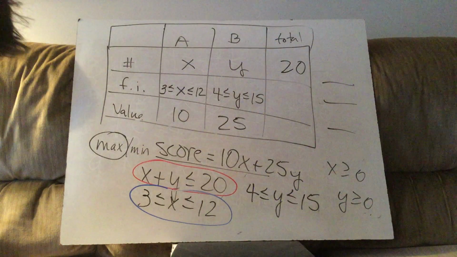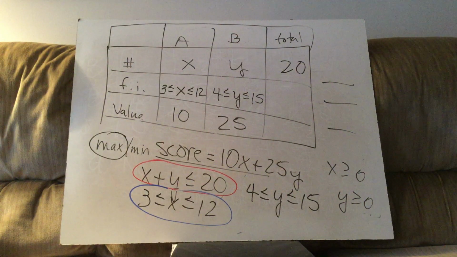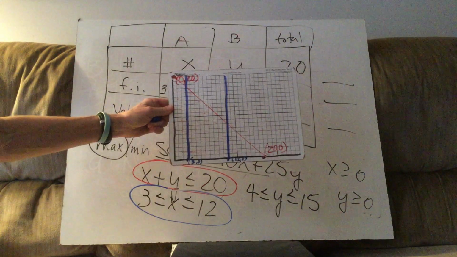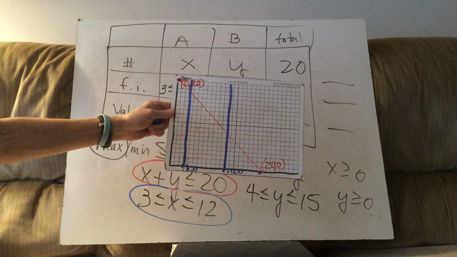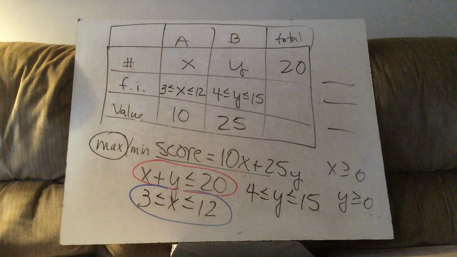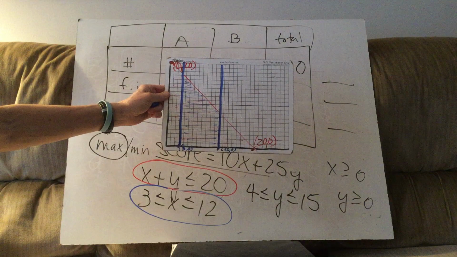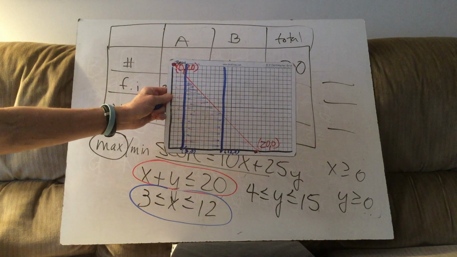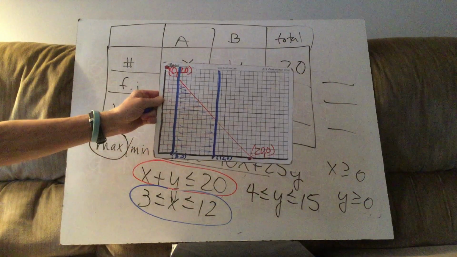Then I'm going to draw my vertical bars straight up the 3 line and straight up the 12 line. So it looks like that. And I am shaded in between. So now I am shaded below the red and in between the blue. So I'm looking at this section right here.